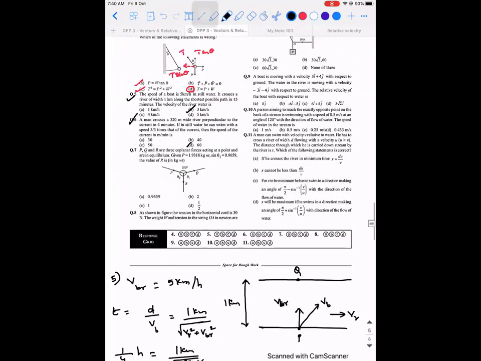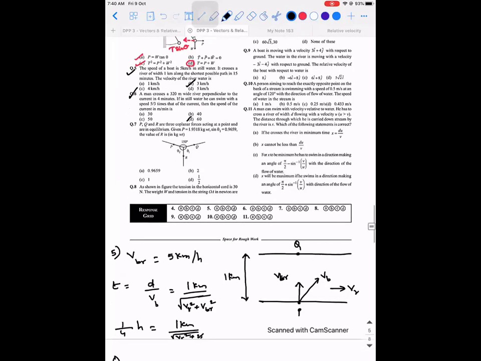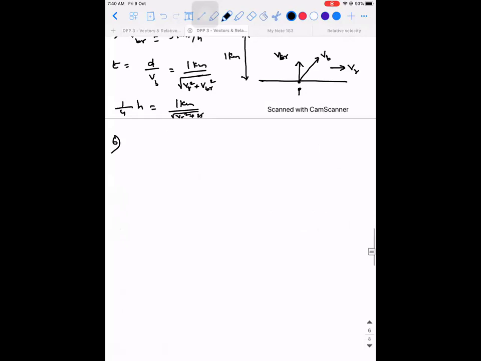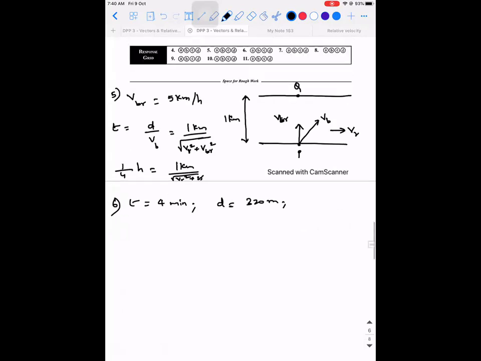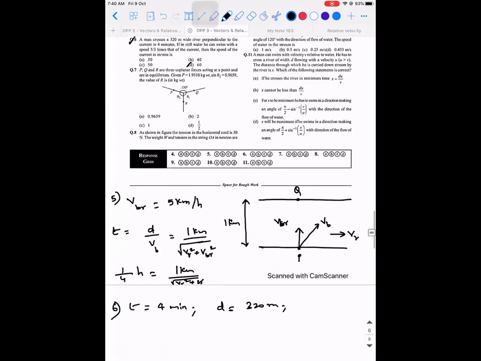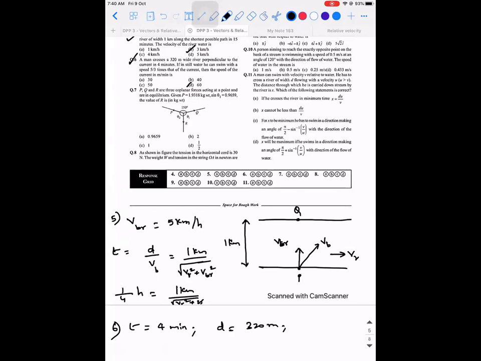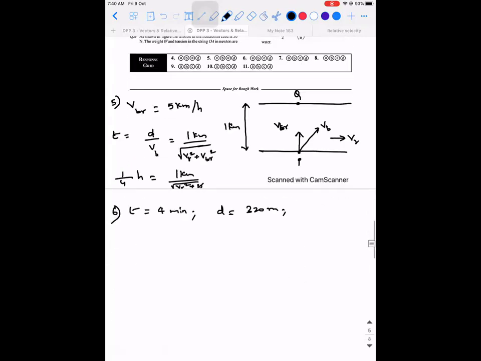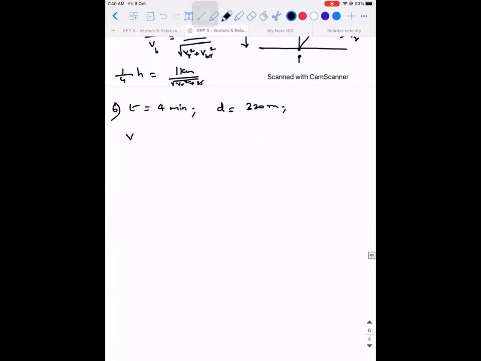So a man crosses a 320 meter wide river perpendicular to the current in 4 minutes. So time given is 4 minutes. Width of the river is 320 meter. Then what else have they given? If in still water he can swim at a speed 5 by 3 times that of the current. So velocity of the swimmer with respect to river is 5 by 3 times VR.